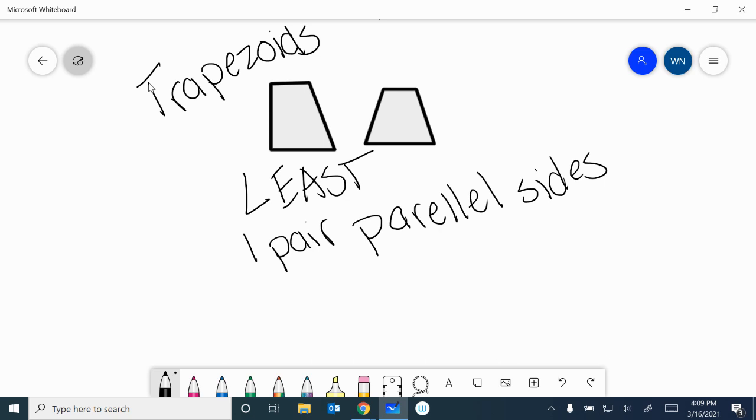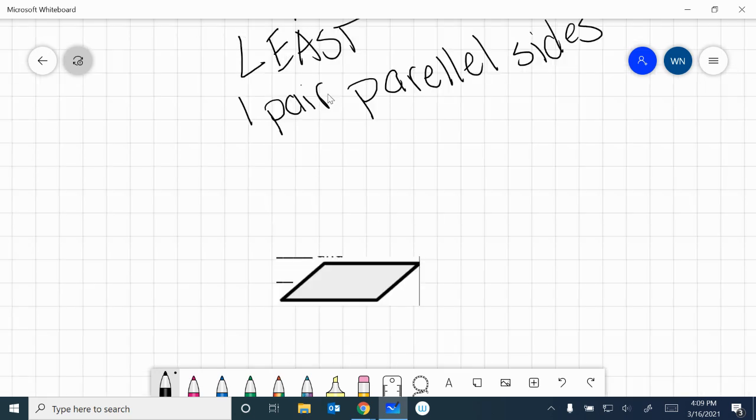So if we look at these, we can see that this one and this one are parallel, but these two are not parallel. Same over here. We can see this one and this one are parallel, but this one and this one are not. So that tells us that this is a trapezoid, even though it looks a little bit different. It's got one pair of parallel sides. Let's move on to the next one.